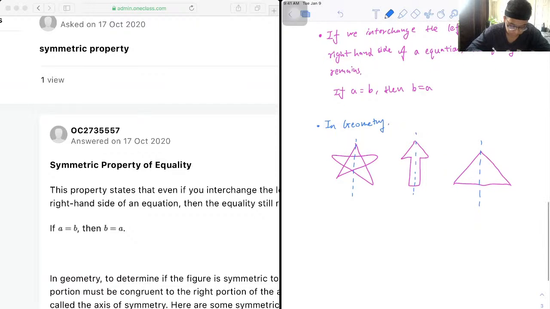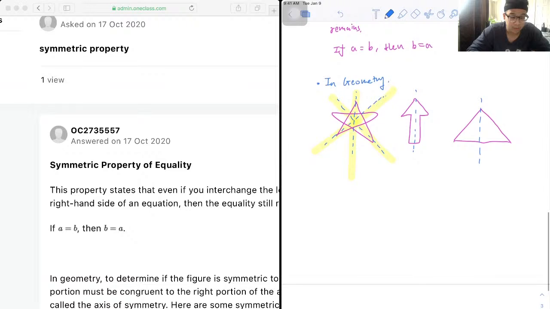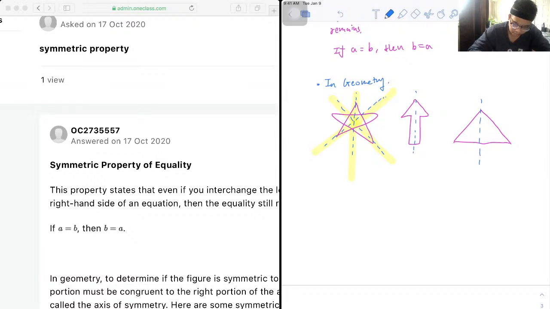Just remember that some figures have more than one axis of symmetry. If we look at the star, this will be an axis of symmetry, and there's another one, and also a third one. So just remember, some figures have more than one axis of symmetry. I'll write it down here.